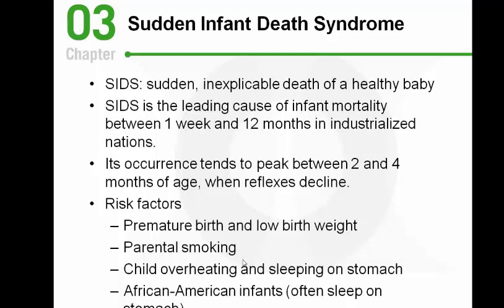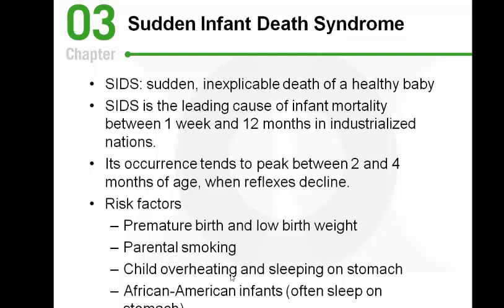Smoking during pregnancy is a risk factor, but also if someone else in the home is smoking, if at all possible, stop smoking. If not possible, smoke outside, and make sure that you change clothes before you handle baby. It talks about overheating, so making sure that baby is not dressed in extremely hot clothes, and that the temperature is comfortable.